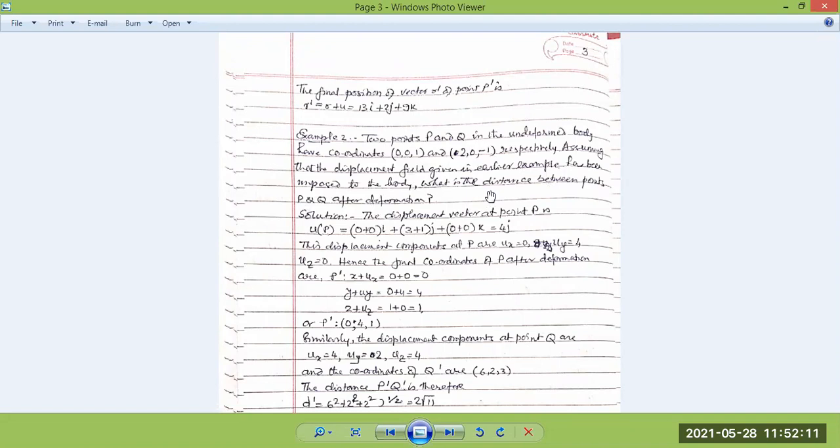Initially the displacement vector at point P we found by putting the values of the coordinates here. The displacement components at P are ux equal to 0, uy equal to 4, and uz equal to 0.